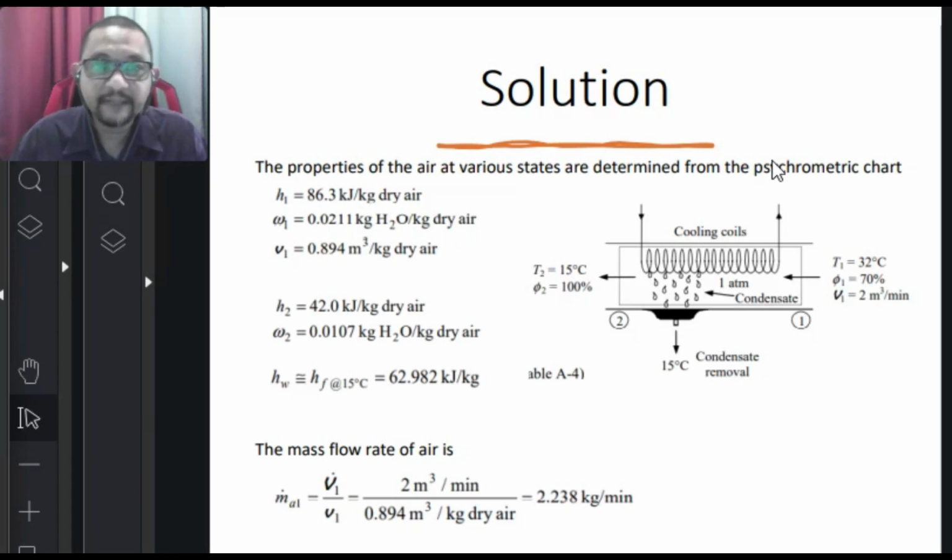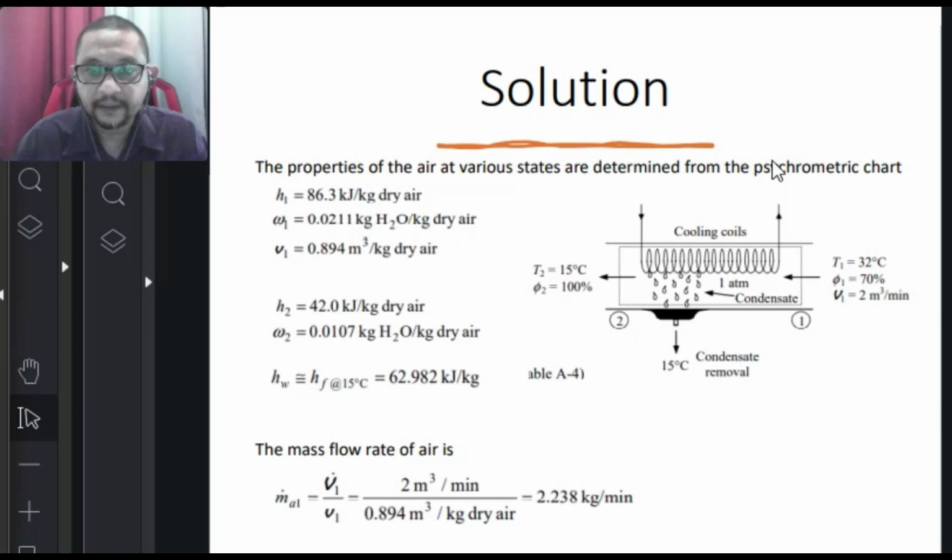So the assumptions first you have to make: number one, this is a steady flow process, and the mass flow rate of dry air remains constant during the entire process. Number two, dry air and water vapor are ideal gases. Okay, that is what you have to know. And kinetic and potential energy are negligible.